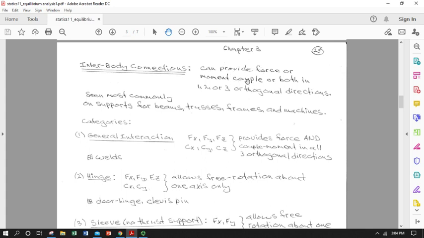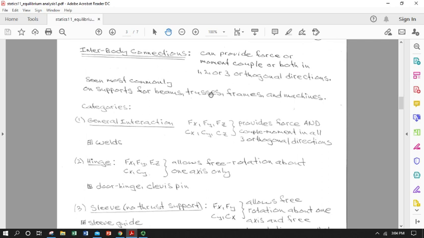Moment also being called a couple, and you'll see the letter C being used for moment on this page, and that just means we're using the term couple, which is pretty much equivalent. We can push back with a force or a moment in either 1, 2, or 3 orthogonal directions, depending on the type of connection. And lots of standard parts are built specifically to do that. So we'll use these a lot in our beam, truss, frame and machine analysis.